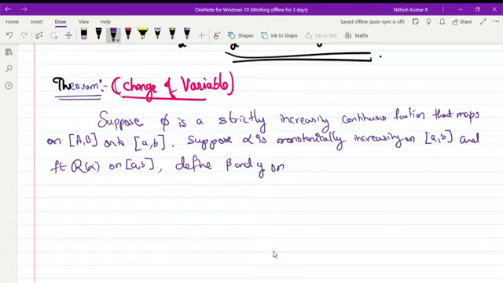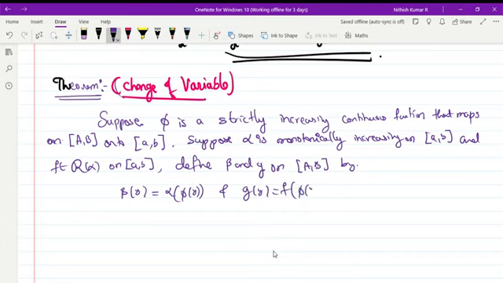Define beta and g on the closed interval capital A comma B by beta of y is equal to alpha of phi of y, and g of y is equal to f of phi of y.